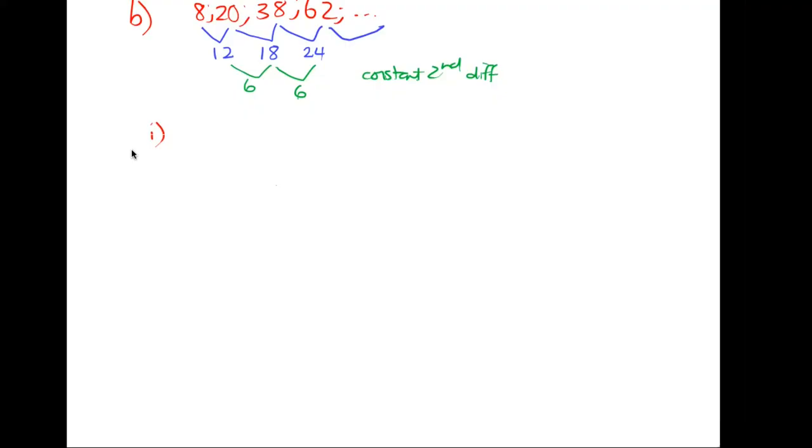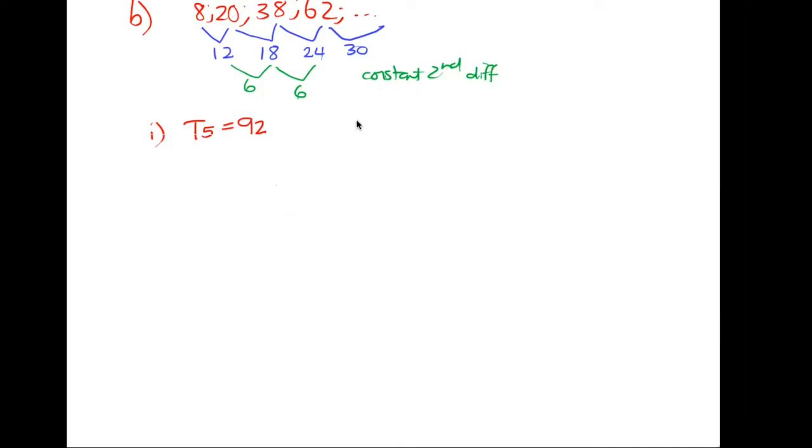Good. Quite a few people coming through. We're going to have to add 30, because 24 plus 6 means we add 30. So what is the fifth term going to be? Yes, Layla, Kira, Mamelo, Sahara, all coming through with the correct answer. 62 plus 30 is 92. There we go, 1 mark, easy peasy.